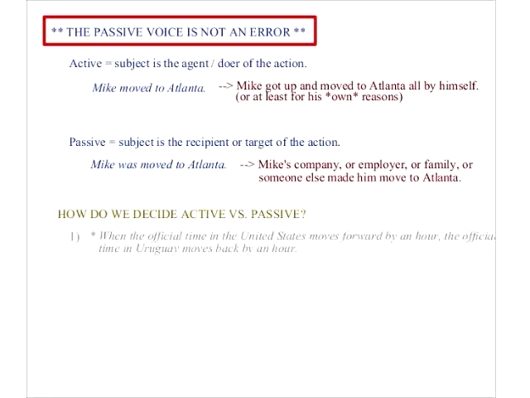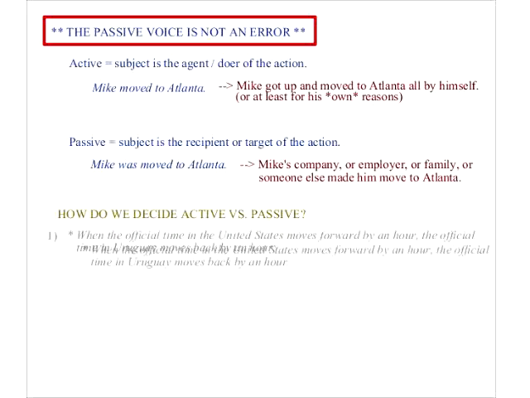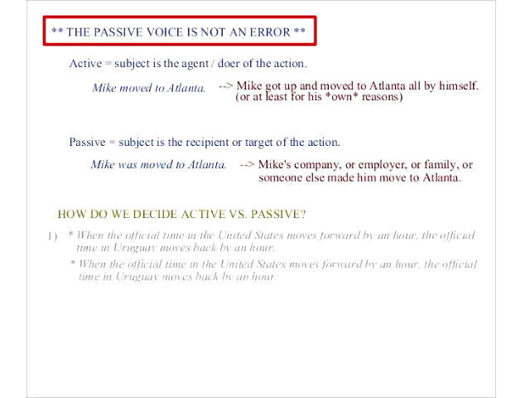Let me move that so it's visible on the screen. And then the other version of this will be: "When the official time in the U.S. is moved forward by an hour, the official time in Uruguay is moved back by an hour."